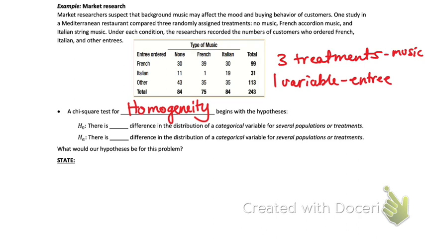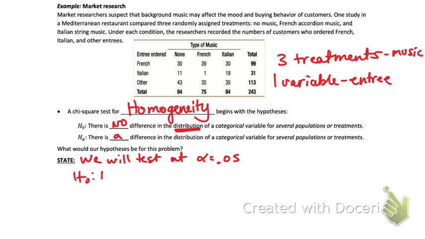All right, your null hypothesis for a homogeneity test is that there is no difference in the distribution of that categorical variable for several populations or treatments. The alternative, there is a difference between the distribution of the categorical variables. So what would the hypothesis be for this particular problem? The state, we will test at alpha equals, what would alpha equal? 0.05.